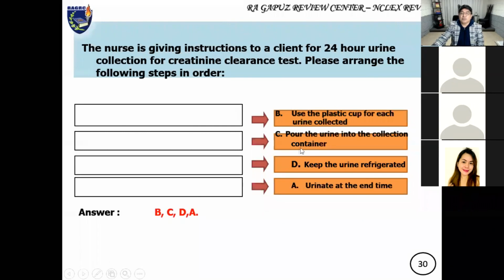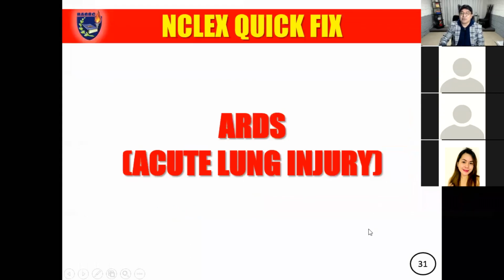So it should be BCAD, sorry for that. So urinate at the end time and keep the urine refrigerated. Please take note: use the plastic cup for each urine, pour the urine to the collection container, urinate at the end time, and keep the urine refrigerated. Sorry for the mix-up. Now let's move on.